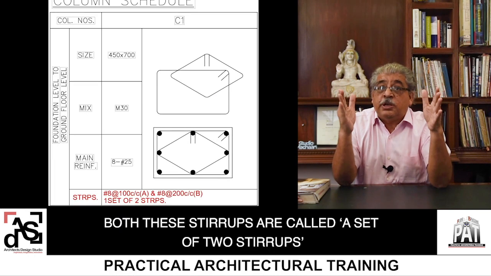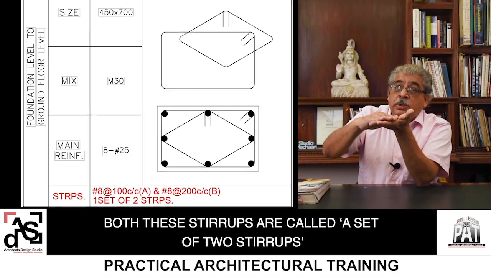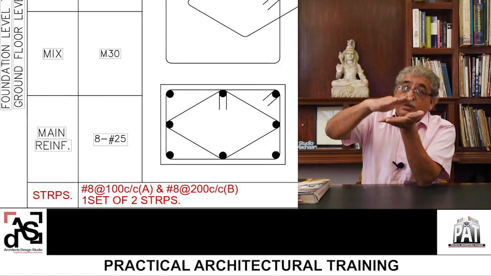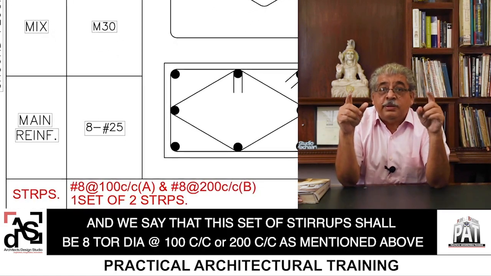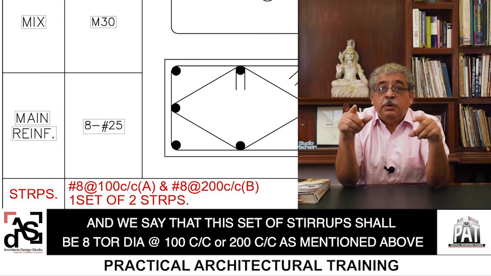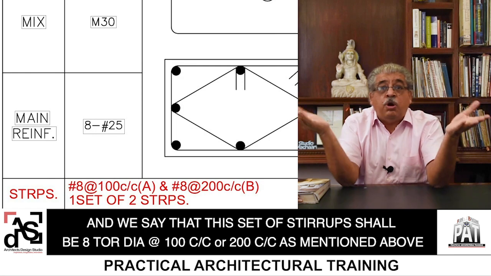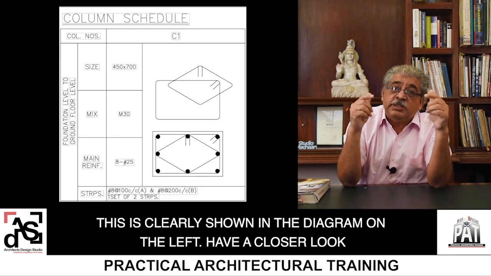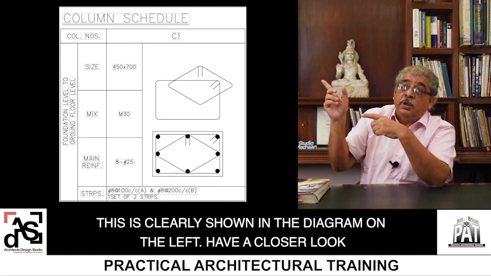Both these stirrups are called one set of two stirrups, and they are kept joined to each other. And we say this set of stirrups shall be 8 tor at 100 center to center or 200 as mentioned above. So this clearly is shown in the diagram on the left.